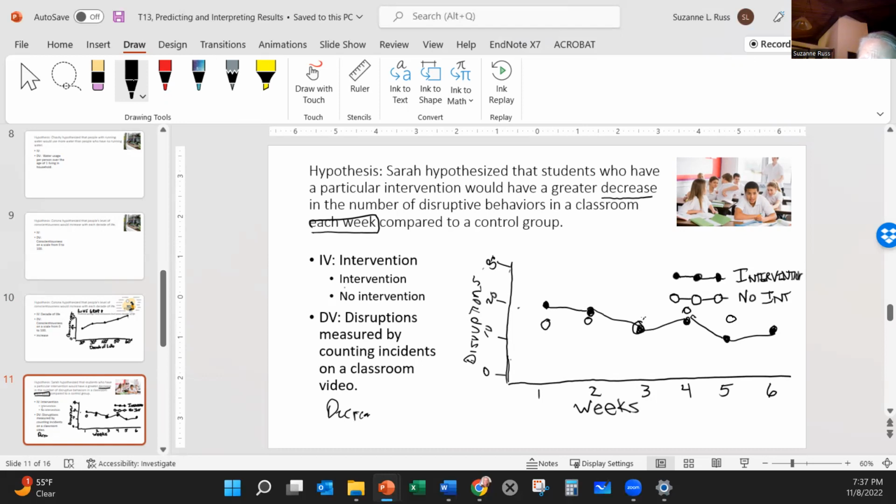Week 5, they were still high, and week 6 still high. And in this case, the line might look like this. And so the line crosses. And so you can see that this is how we would depict these data in the case when we have 2 competing pieces of information. And we would put the title like this.